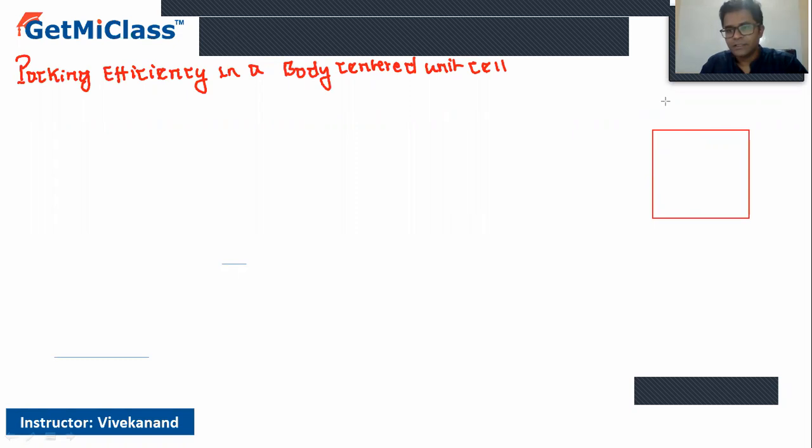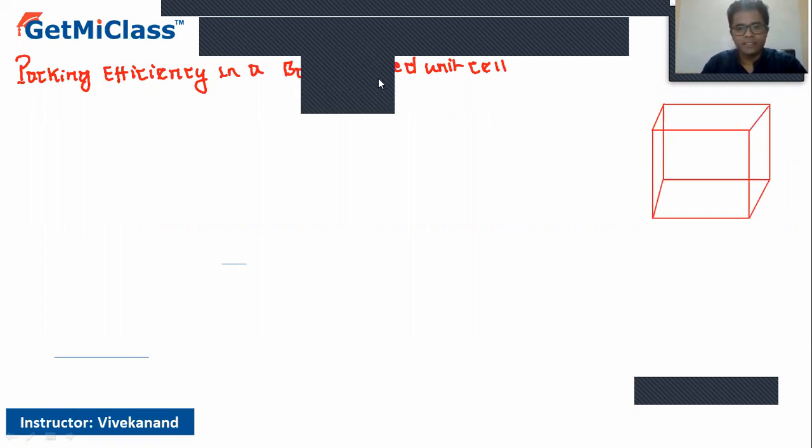So let's consider this as a unit cell. So let's say this is the unit cell as what we have, right? And now in this entire scenario, let's consider these as the particles. Okay, now as it is a body-centered unit cell, of course, we are going to have the particles at the corners.